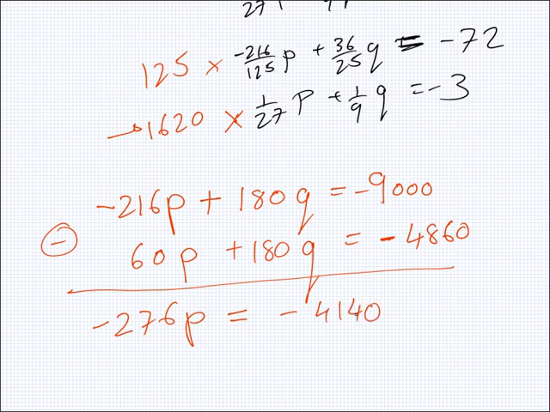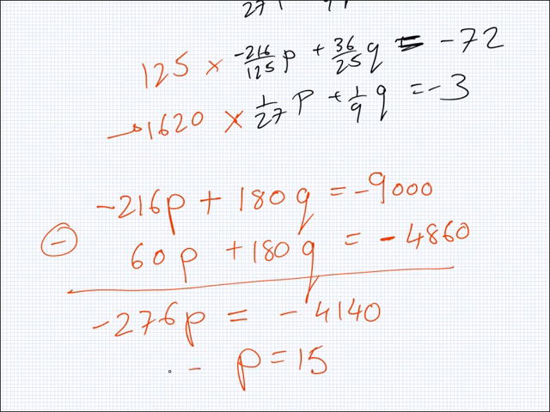Does 276 divide into that? 9,000 minus 9,000 plus 4860 is minus 4140, and it divides in 15 times. So you end up getting p equals 15.